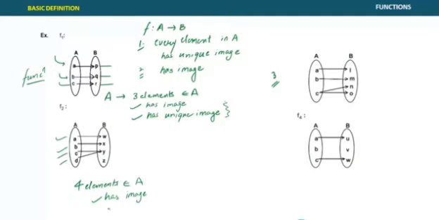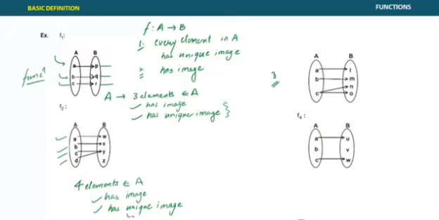So each element of A has an image, irrespective of whether c and d both give the same image. Don't worry about it, we are just talking about the elements of the set A. Then the second condition: it should have a unique image. Check.